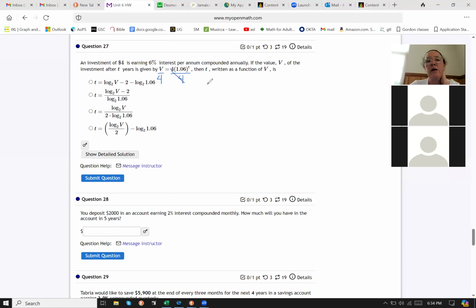And now we want to get rid of that T in the exponent position. So what I'm going to do is take the log of both sides, and I'm going to do it as log base 2. You'll see why in a minute, but you can also tell right here in all of the possible answers, they're using log base 2.